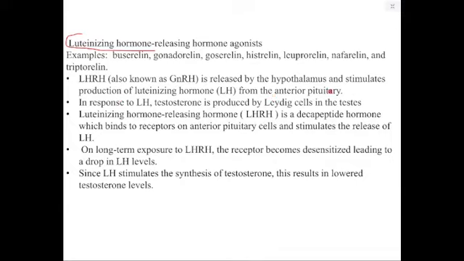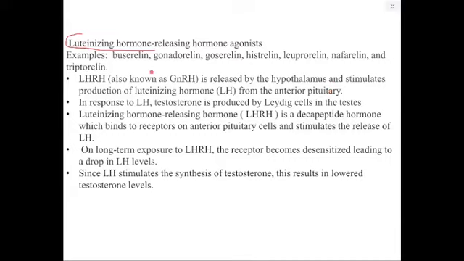It will release the luteinizing hormone releasing hormone, which comes into the pituitary and triggers the pituitary now to produce the luteinizing hormone. That's why we are calling it the luteinizing hormone releasing hormone, because it's the one which first of all is produced, goes to the pituitary, and triggers now the production of the luteinizing hormone.